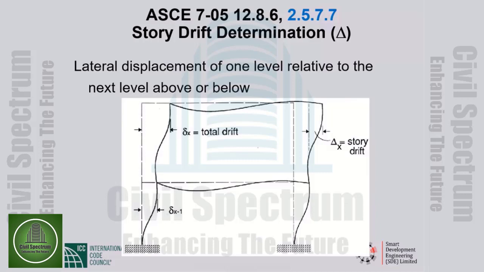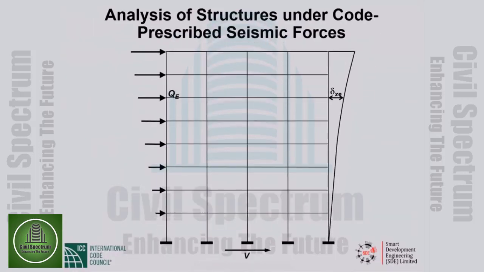Exactly what deflection we will talk about with this slide. In seismic design, in the equivalent lateral force procedure, we start out by computing the design base shear V. We distribute that along the height of the structure in the manner prescribed by the code.